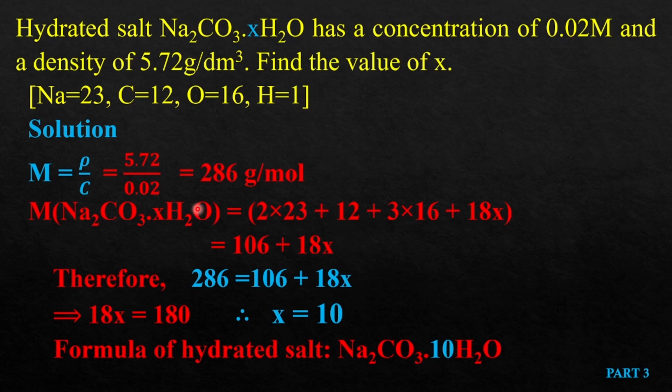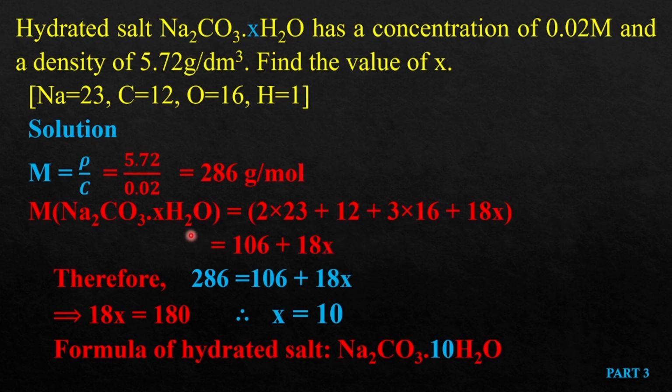Now with this one, you always get 18. So that will be x times 18. So that is what we have done here after inserting the atomic mass. So we have 2 times 23 plus the 12 for carbon, 3 times 16 plus 18x. So the molar mass is now equal to 106 plus 18x.